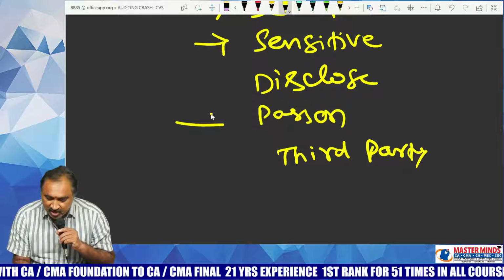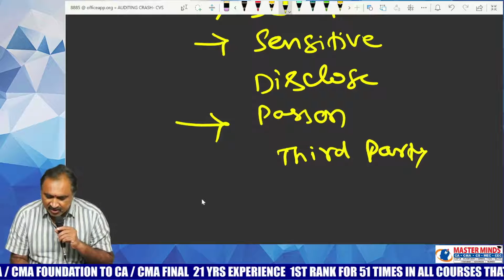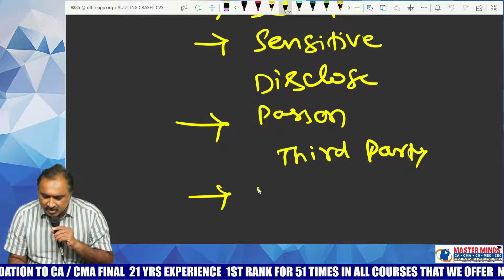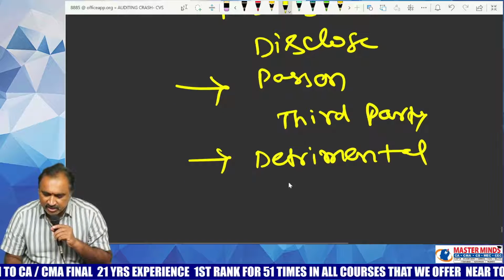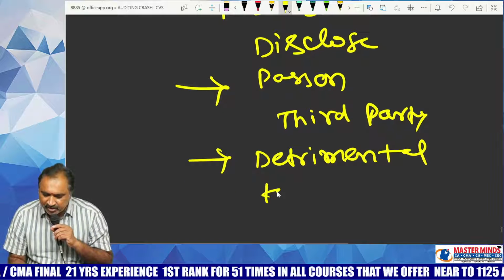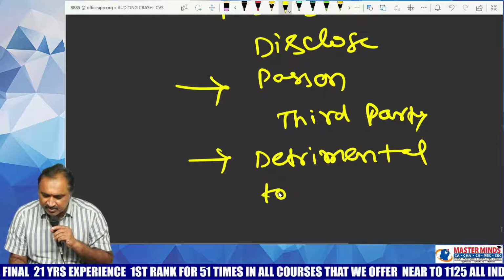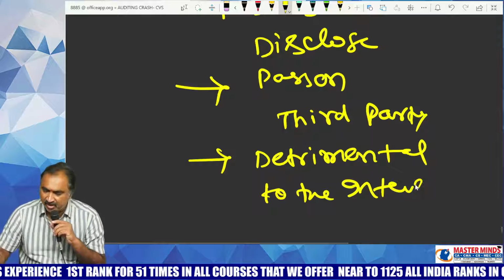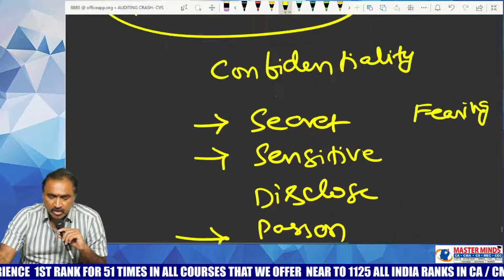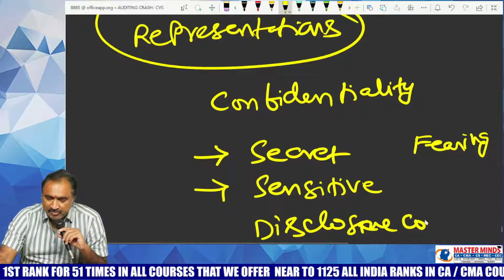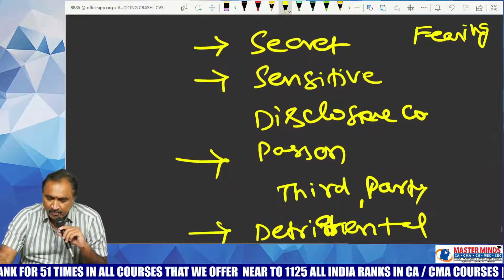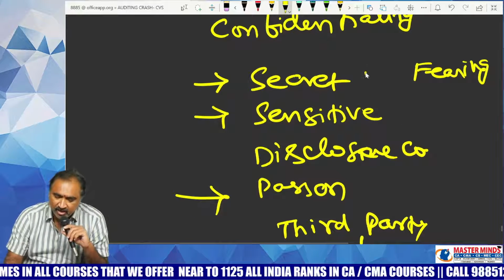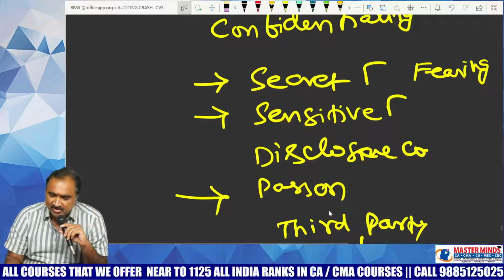If that is done, the company is of the opinion that it will be very much detrimental to the interests of the company. This is the feeling of the company. I repeat, sometimes some information may be required by the auditor from the company, but the company is of the opinion that the information so required is secret or sensitive in nature.